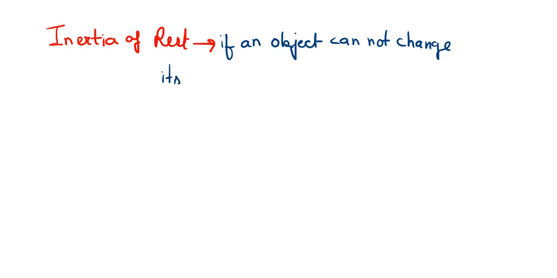Inertia of rest: if an object cannot change its state of rest by itself. Okay, we will understand this by the activity.